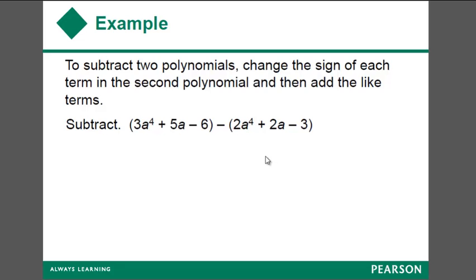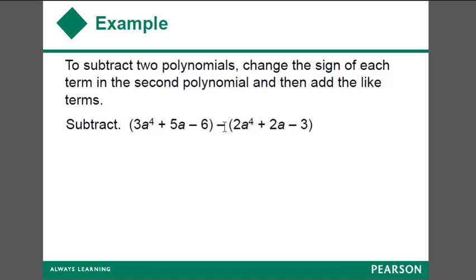When I want to subtract polynomials, I have to first look inside my parentheses to make sure that I cannot combine any like terms. Simplify inside my parentheses. Once I have simplified, I need to distribute my negative sign.